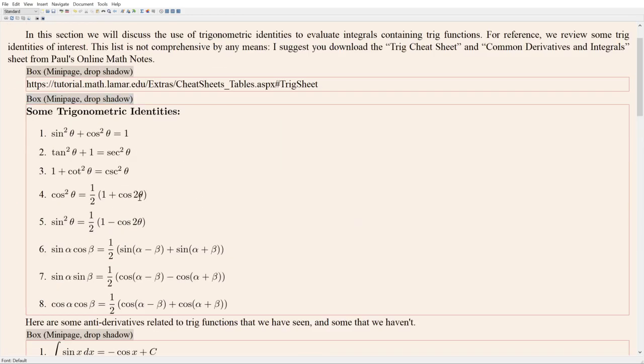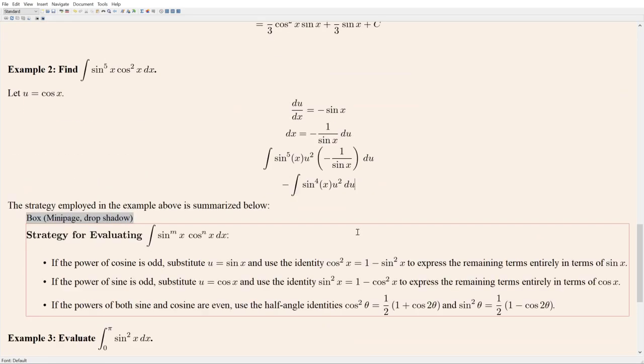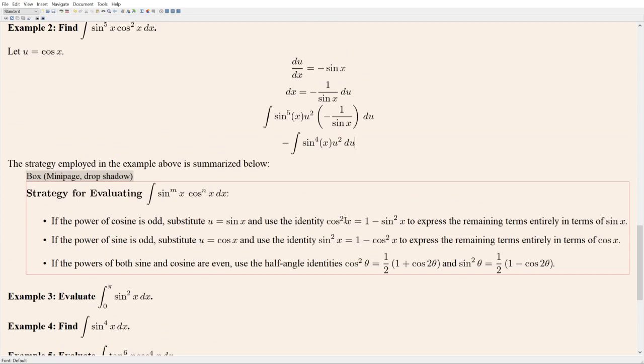So this is just this identity right here, but we've just solved for sine squared. So use this identity to express the remaining terms entirely in terms of cosine. So I want to take this dude and rewrite it so that it's nothing but cosines, using this identity.